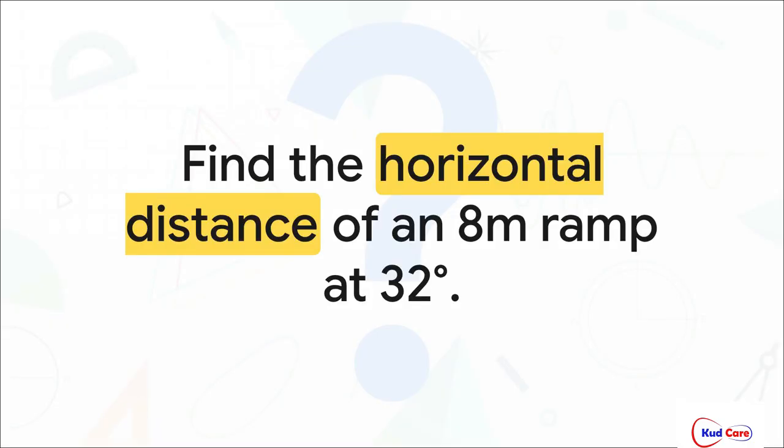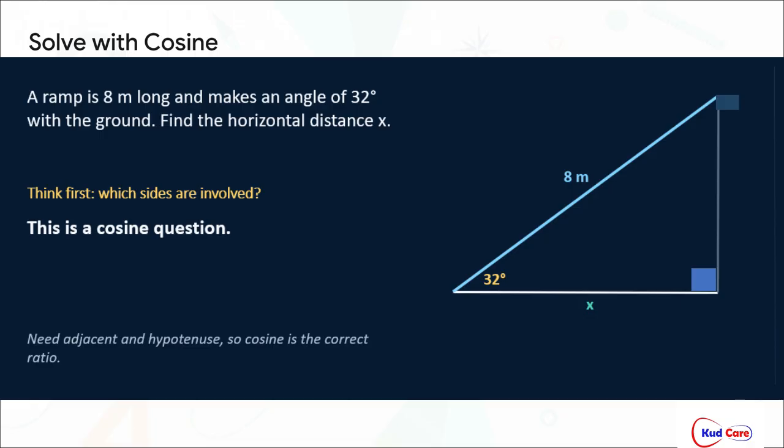Picture this real-world scenario. You've got an 8-meter-long ramp, acting as our hypotenuse, and it makes a 32-degree angle with the ground. Our job right here is to find the horizontal distance, marked as x. We stick to our mantra. First, identify the angle. It's 32 degrees. Second, label the sides. We want x, which is adjacent to the angle, and we know the hypotenuse is 8, adjacent and hypotenuse.